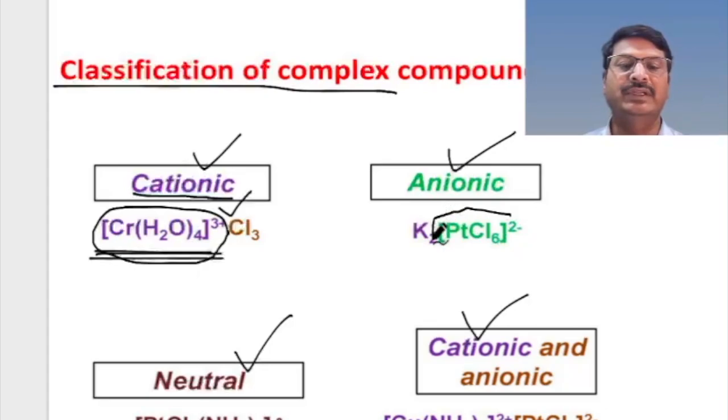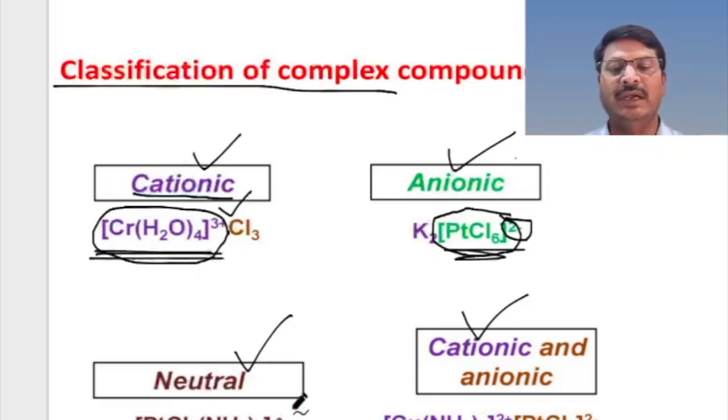And in this example, K2PtCl6, the complex has a -2 charge, so it is anionic. And in this example, PtCl4(NH3)2, the complex moiety has a 0 charge, that is, there is no charge on the total moiety. It is not the oxidation state of the platinum.